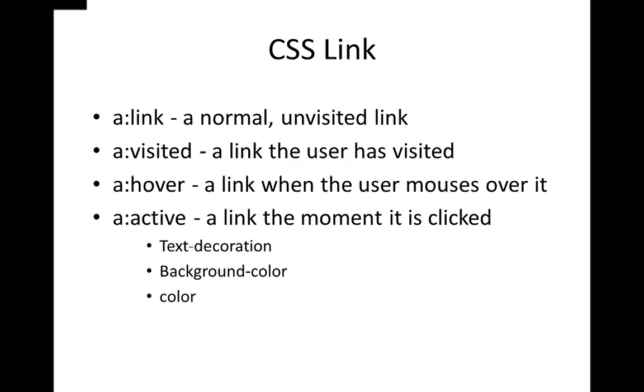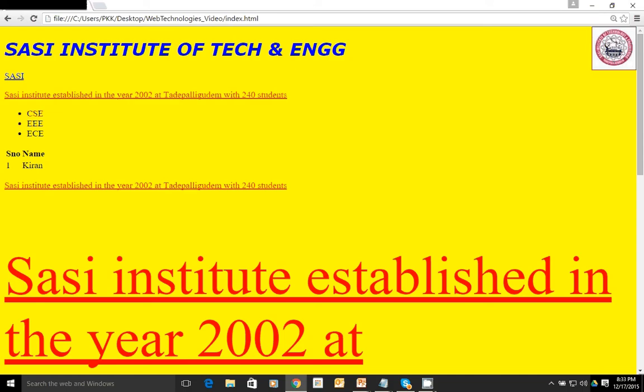Okay, let's look at this hyperlink. When you create the hyperlink, by default it displays in a blue color. When you click on that link, if it is visited, it becomes a different color. Now I want to specify what color that particular text should be displayed before it is visited, after visited, or highlighted, all this.